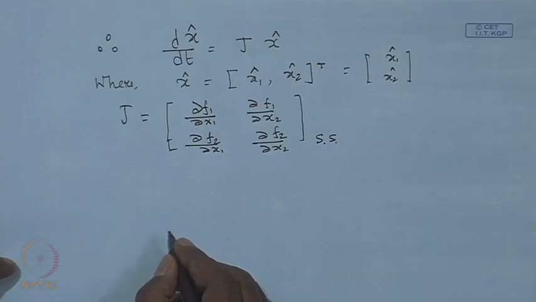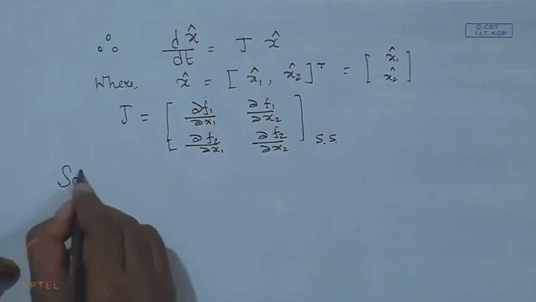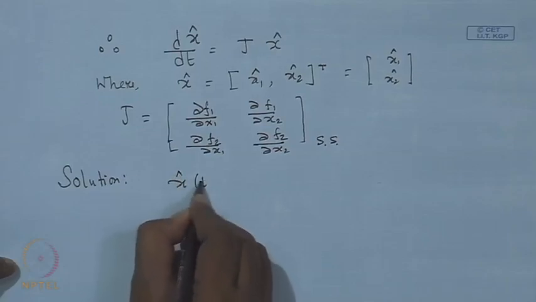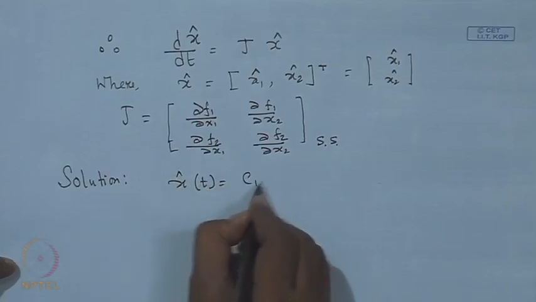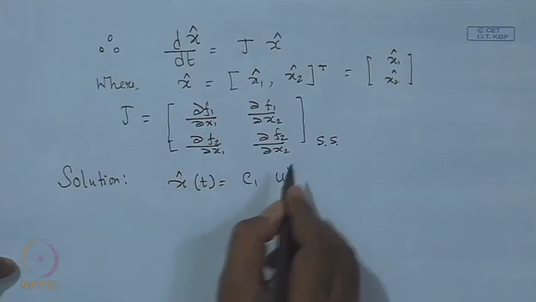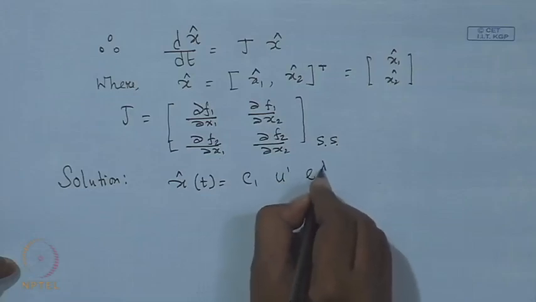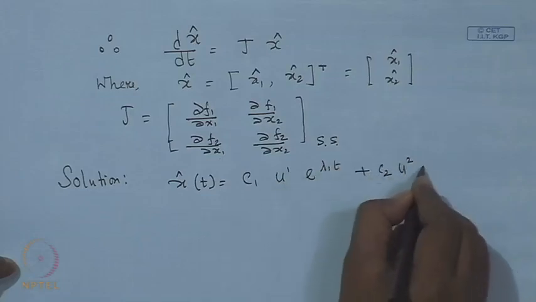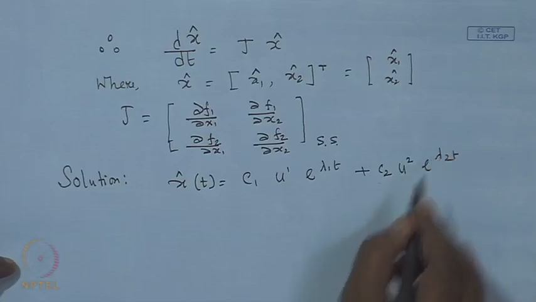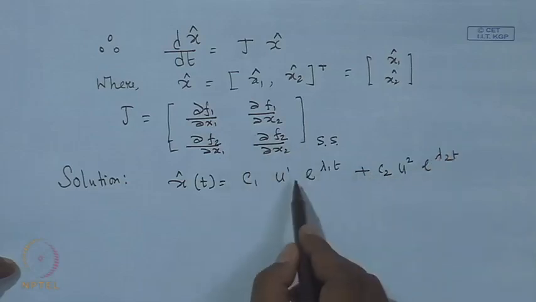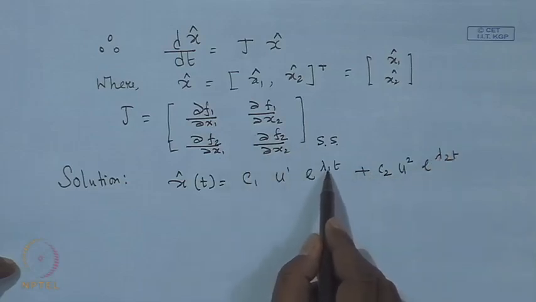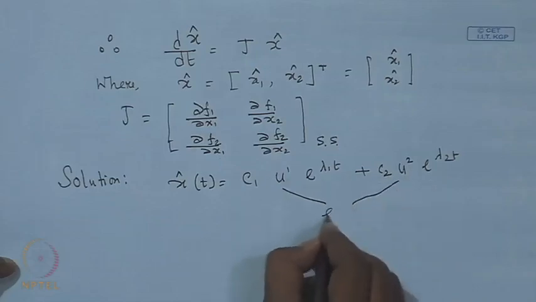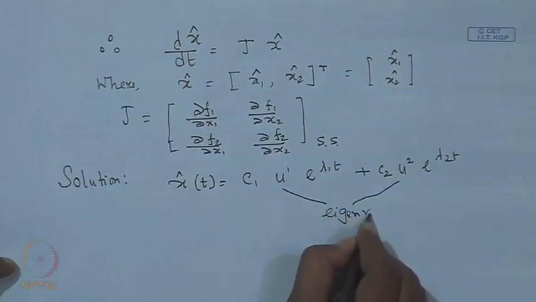So, the solution of this equation will be of the form x hat of t equal to C1 u1 e to the power lambda1 t plus C2 u2 e to the power lambda2 t, because it is a 2 by 2 matrix. So, we have two eigenvalues lambda1 and lambda2, and u1 and u2 are the corresponding eigenvectors.